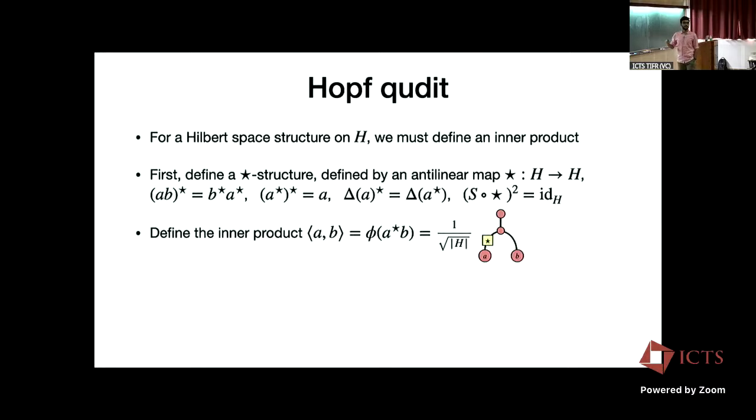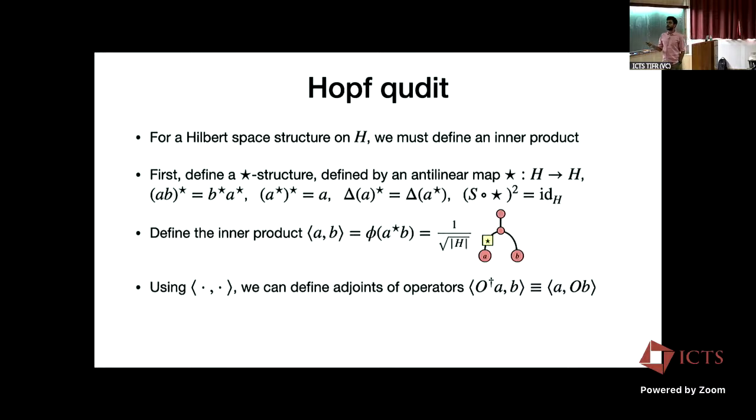Okay, so with this inner product, I can now define a Hilbert space structure on this Hopf algebra. Here I'm just saying how you define adjoints in the normal way: you take O dagger acting on the left, and that's defined by this relation, where you act with O on the right. The dual Hopf algebra also has a star structure, but it's not super important here. With these things, now we can start talking about Hermitian operators acting on a Hopf algebra.